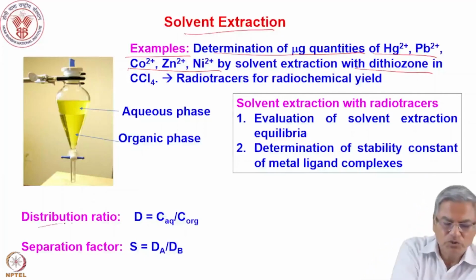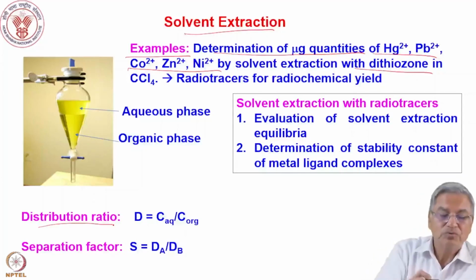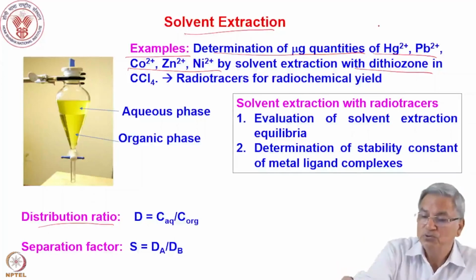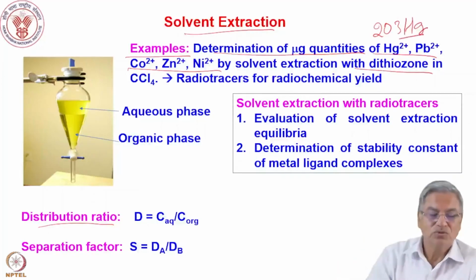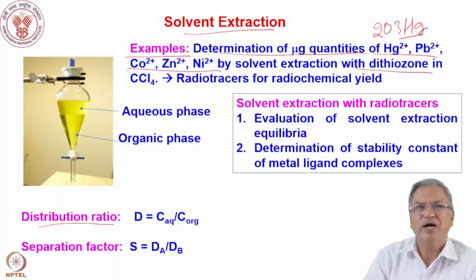You can determine the distribution ratio. Suppose you have used mercury, so you use mercury-203 as a radiotracer. In the aqueous solution, you have the radiotracer mercury-203.